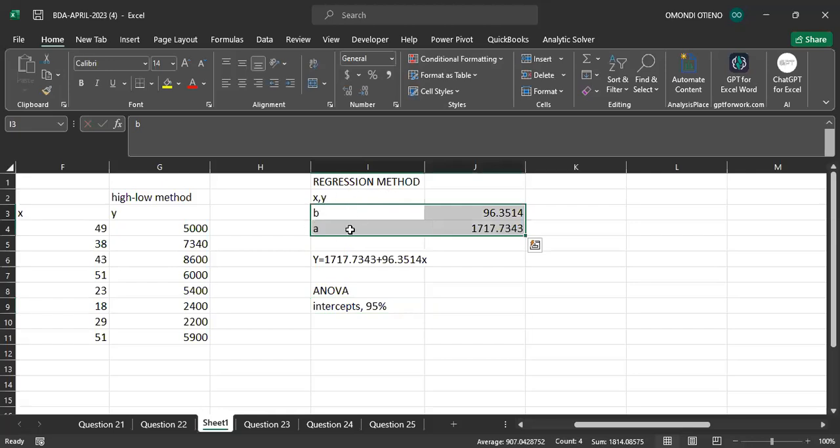When you use this slope and intercept function, you'll not be able to get ANOVA and also the intercepts. So this just helps you get the cost function.